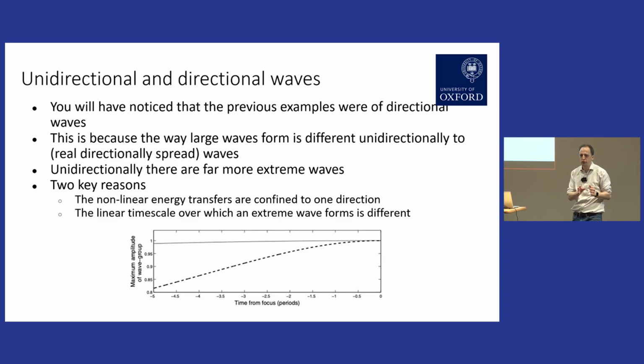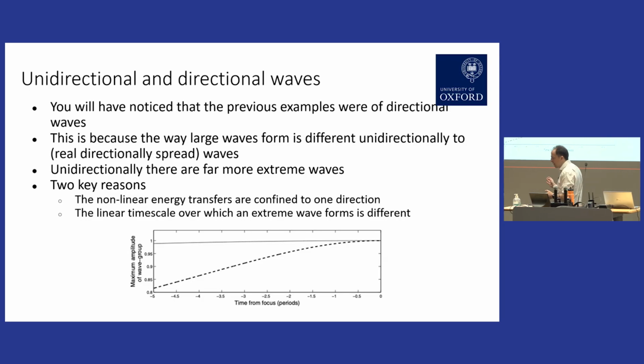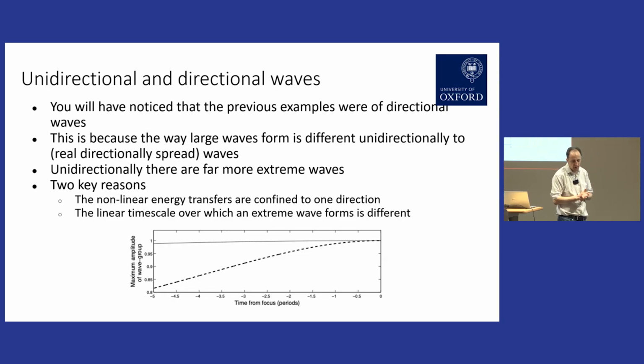Well, one is that if we're dealing with a deep water problem, you should be very cautious of anyone who's done some analysis, however they've done it, and they've found lots of what they would call rogue waves, lots of additional extreme waves from a unidirectional analysis. That's probably not going to be representative of what happens in the real ocean.